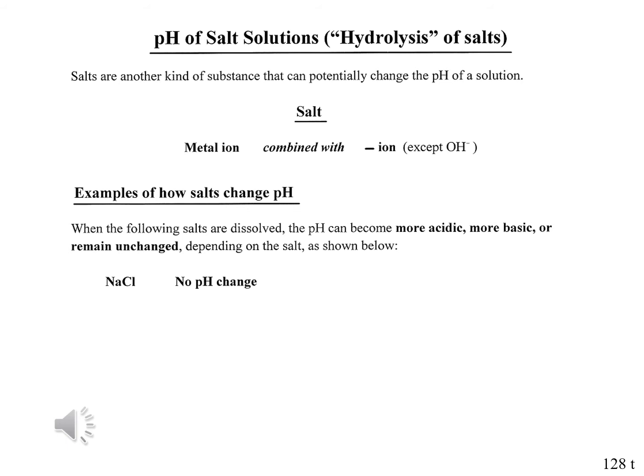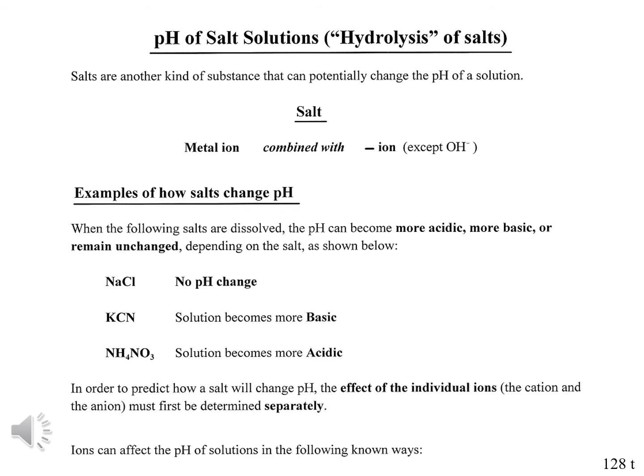Sodium chloride is what's called a neutral salt. But if you dissolve the salt potassium cyanide in water, it gives you a basic solution. And so this one is what's called a basic salt. And if you dissolve ammonium nitrate in water, you will get an acidic salt, and so an acidic solution. It's called an acidic salt.